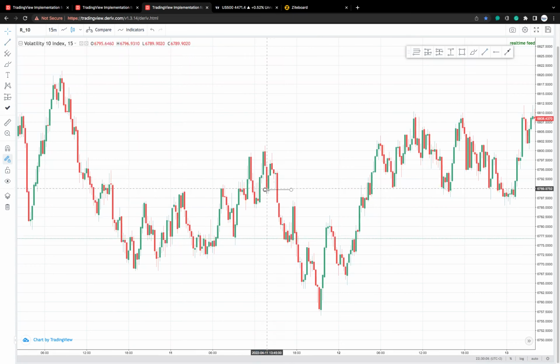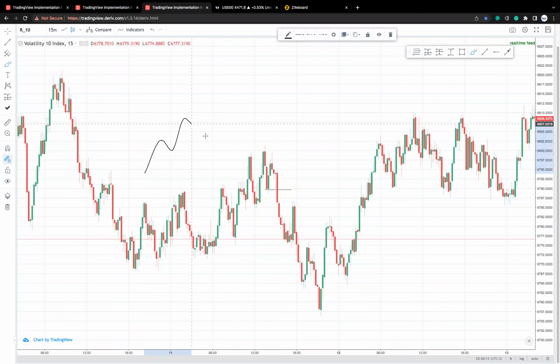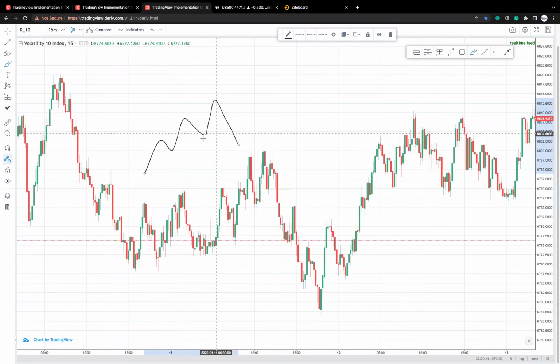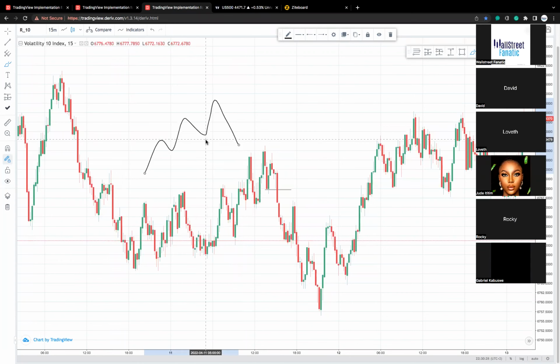You can see that this low has been violated. So that means this particular trend now has a structure that looks like this. So this is no longer a bullish trend. This actually is no trend yet, but this signifies that probably this bullish trend has come to an end.